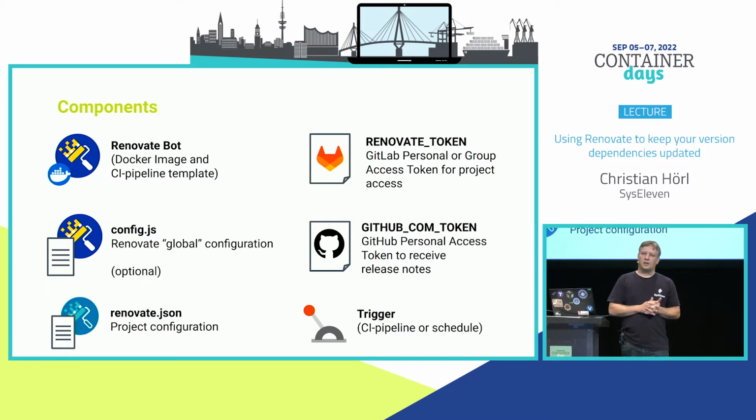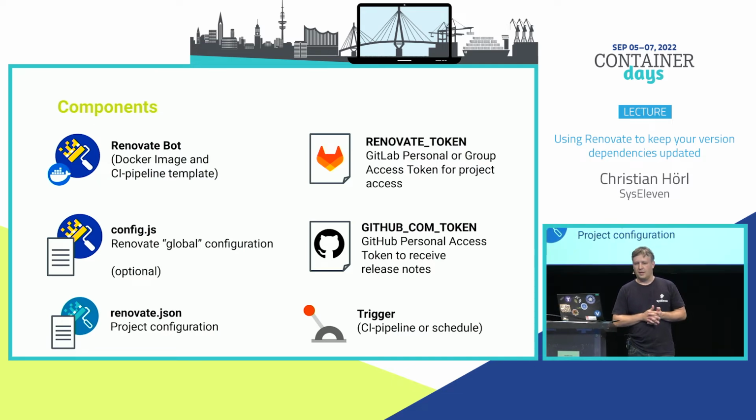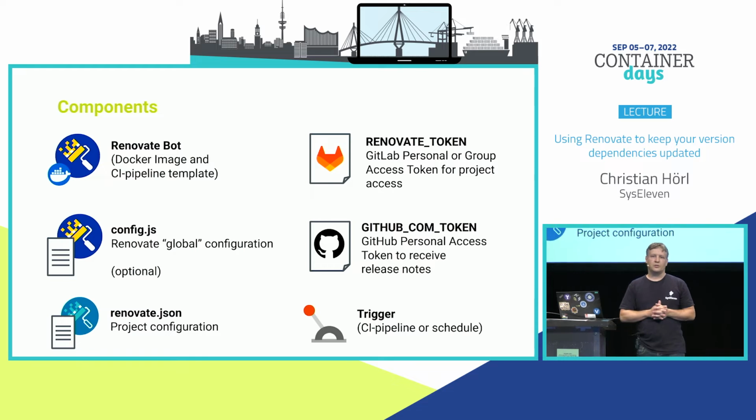Then you need a Renovate token, which is a GitLab access token. It must be named Renovate token, and you can place it in your CI variables. And it must have enough scope to be able to create pull requests in your projects, of course. Then I would highly recommend using the GitHub.com token.